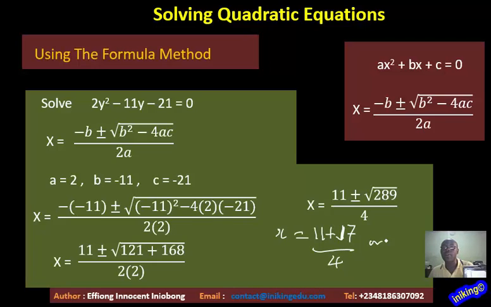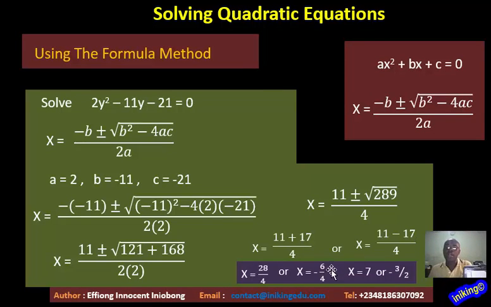And then the second one will be 11 minus 17 divided by 4, because of the plus or minus. So we have two roots. This will give us 28 over 4, and here we'll have minus 6 over 4. That gives us our final answer. 28 over 4 is 7, and minus 6 over 4 gives us minus 3 over 2. So that's it for using the formula method to solve a quadratic equation.